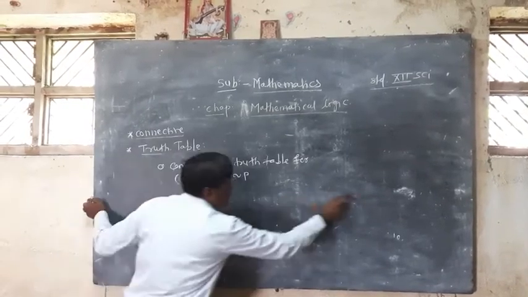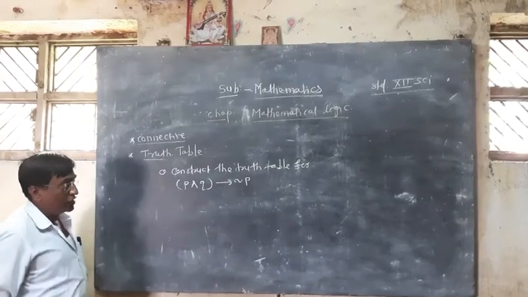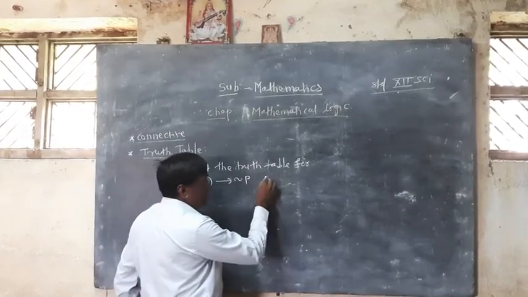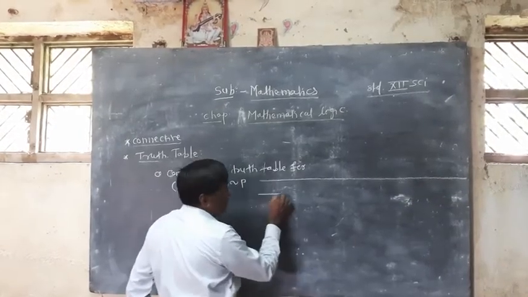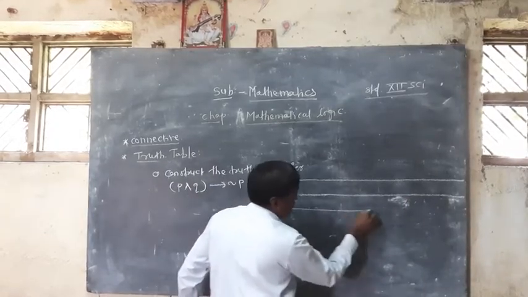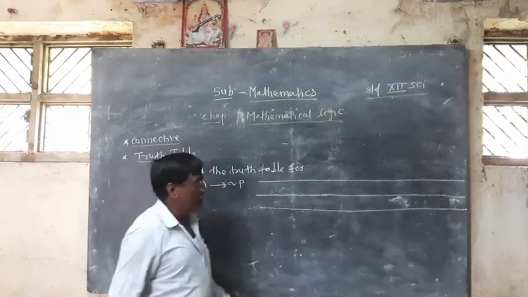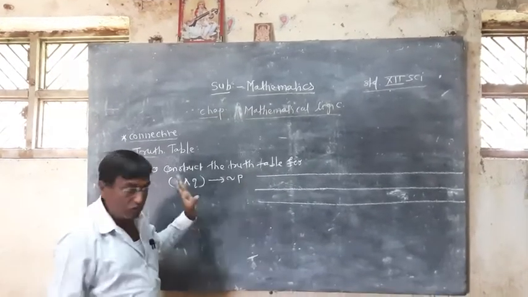So for this purpose, see the truth table now. We require 4 rows for entries and 2 rows for the naming. Always keep in your mind that 2 rows are required for the labeling of the corresponding columns.